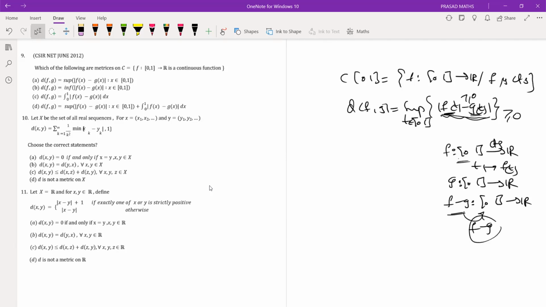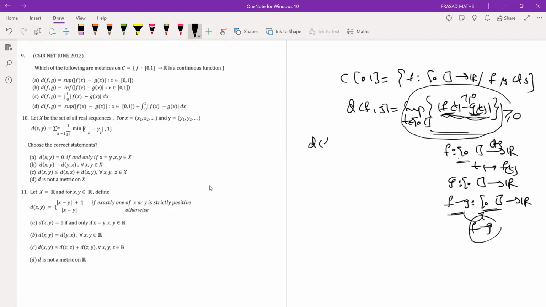Whenever f minus g is bounded on [0,1], by the completeness axiom a non-empty set that is bounded above has a supremum in R. Therefore the supremum exists. This is a finite, non-negative real number. Because f minus g is continuous on a compact set, it is automatically bounded, and once it is bounded the supremum exists. In fact the infimum exists too. It is a real number, in fact a non-negative real number.